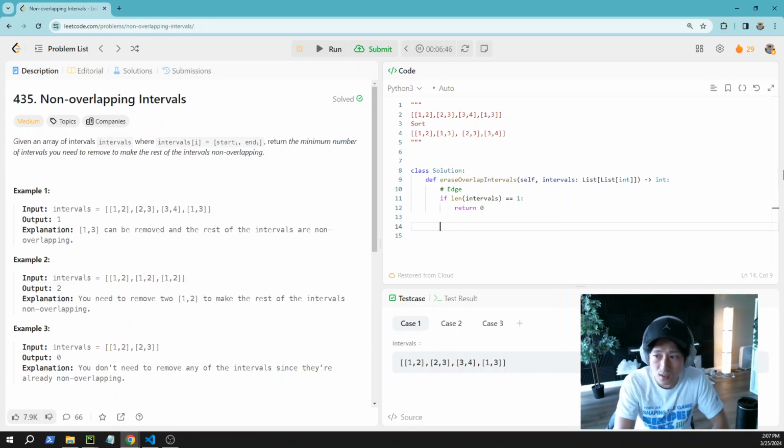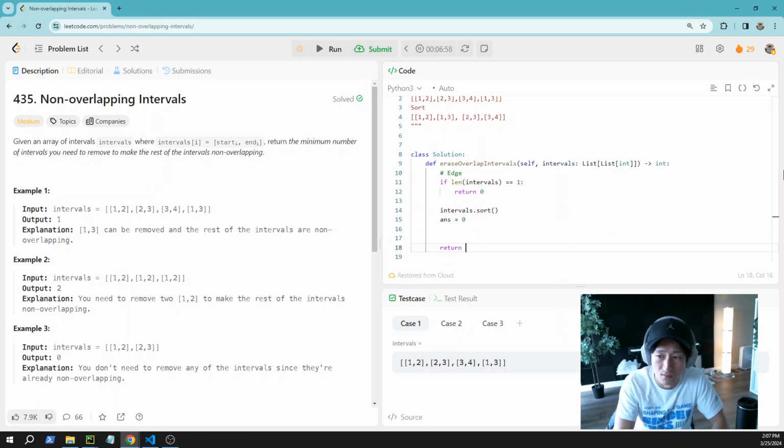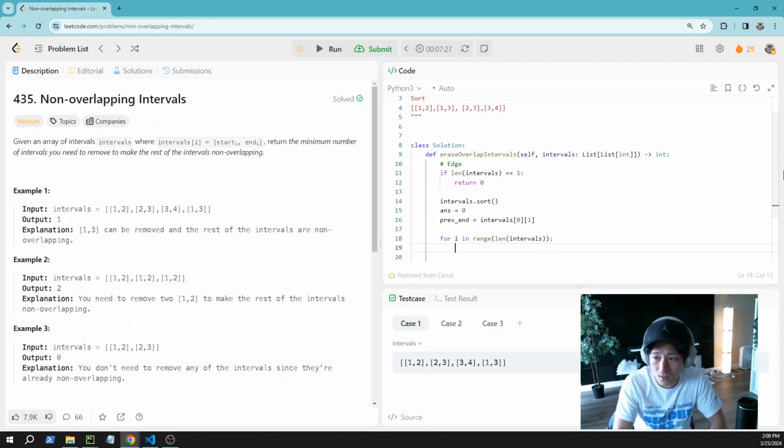And then, as I said, I'm gonna sort by start, and I'm gonna initialize the answer variable to 0, and then eventually I'm gonna return this answer. And also I'm gonna initialize the previous end to be the first interval's second element, and then I'm gonna iterate over the rest of the intervals.